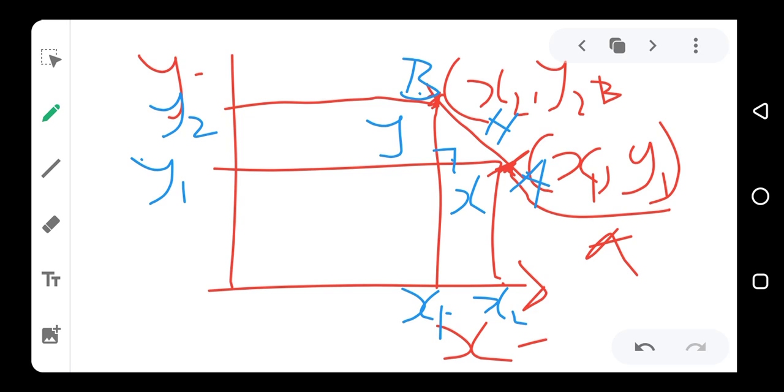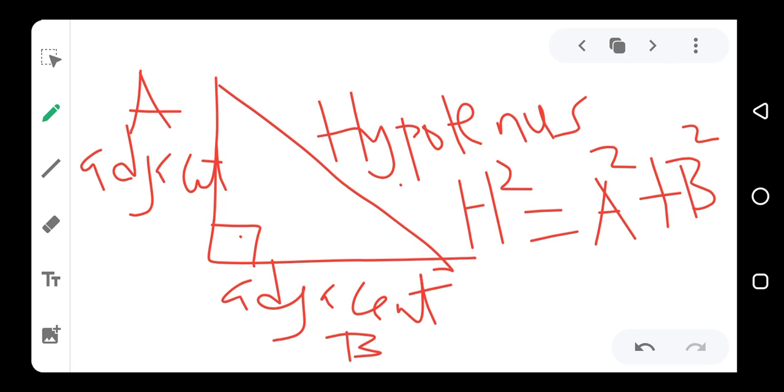Now the distance between y1 and y2 is equal to y2 minus y1. So this side is y2 minus y1. Now the distance between x1 and x2 is equal to x2 minus x1.